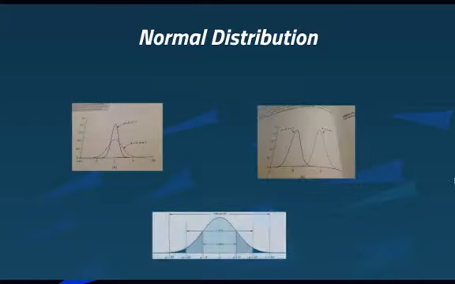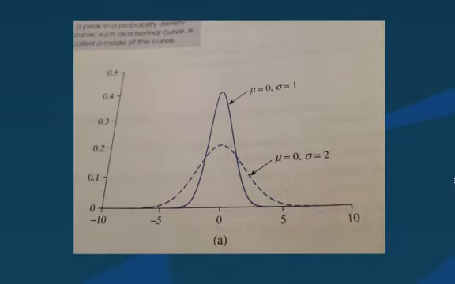Okay? What we also need to understand is that a normal distribution is always symmetrical. Mean, median, and mode are always the same. However, the height of the peak could change. So this means that the variation of a normal distribution could vary. Here we have a good example. We have two normal curves. Both of them have means of 0.